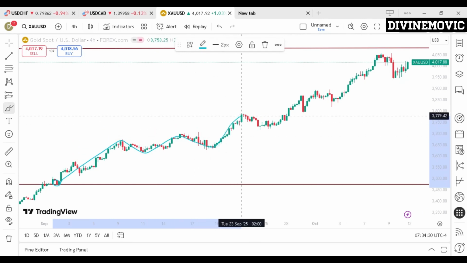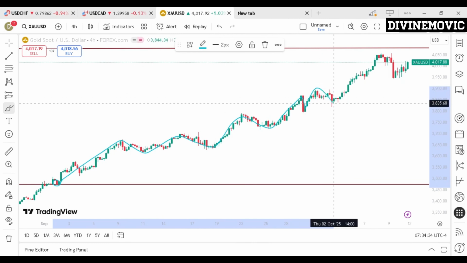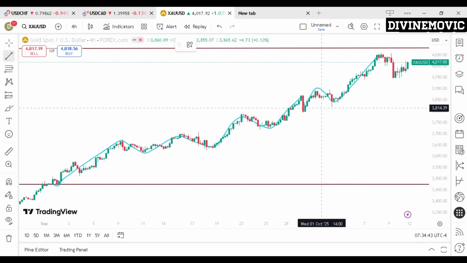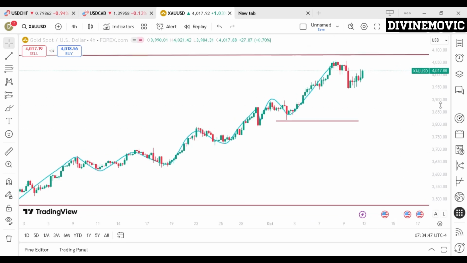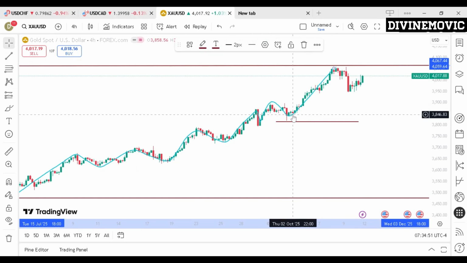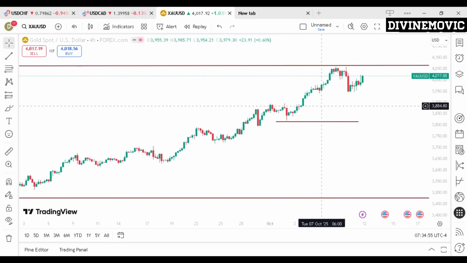This is the high, the low, the high, the low, the high, the low, and this is the high. That means in this whole scenario here, this last point is simply the last low, and the point where price is currently at is simply the last high. That means we are working with this swing low and this swing high as our market structure, right?